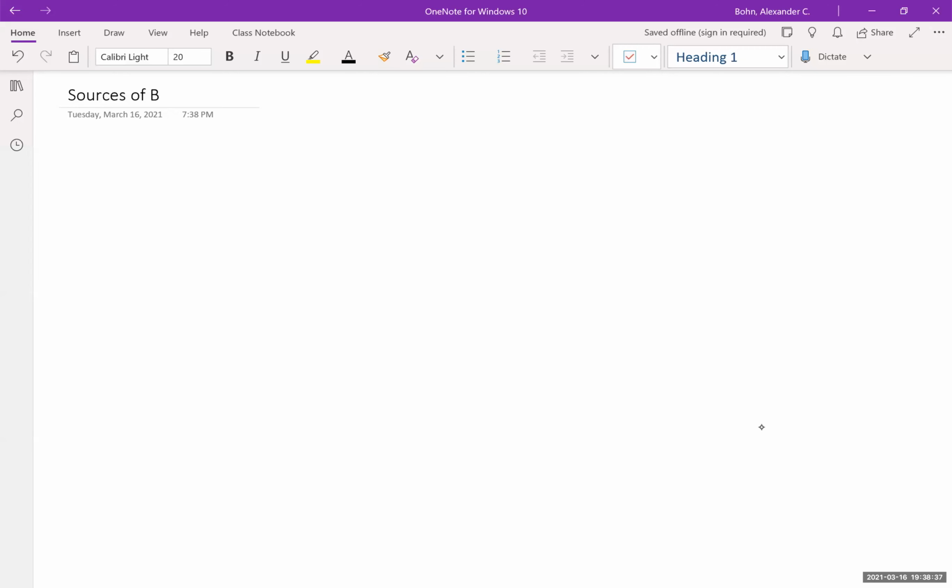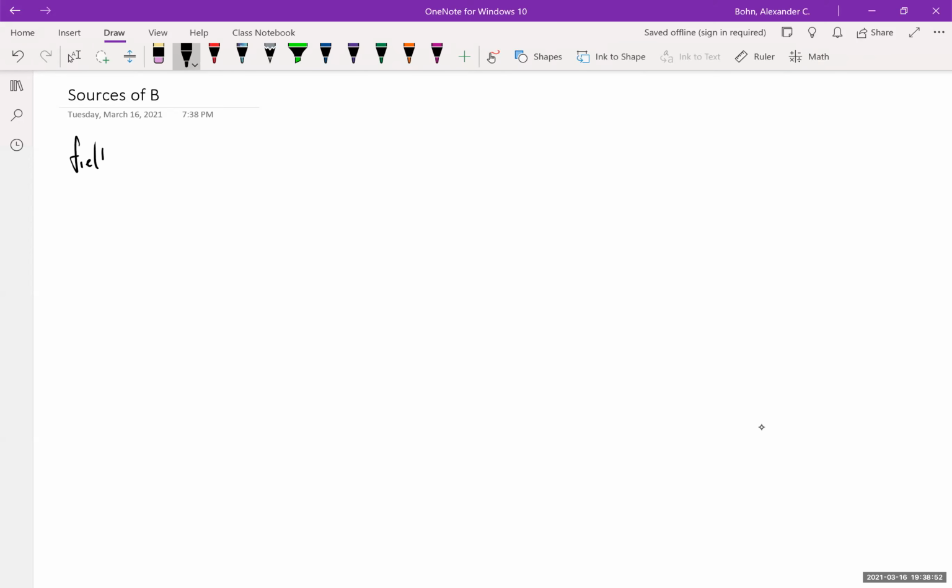Sources of magnetic field. I got temporarily lazy and I didn't want to type magnetic field. The field of a straight current carrying conductor.